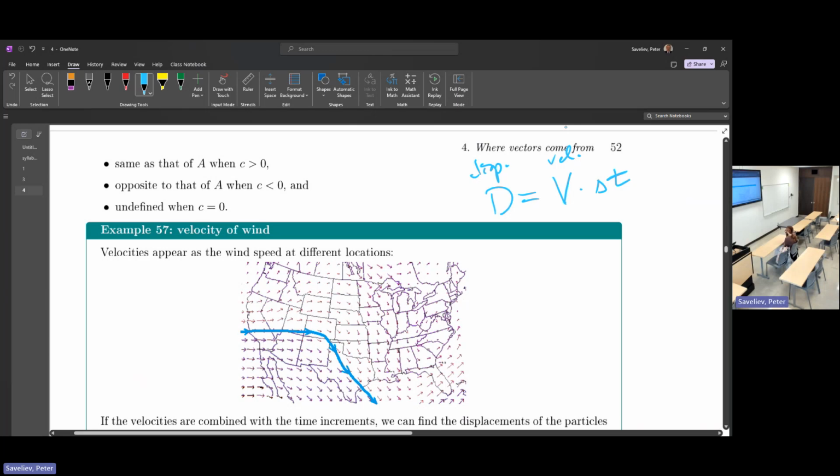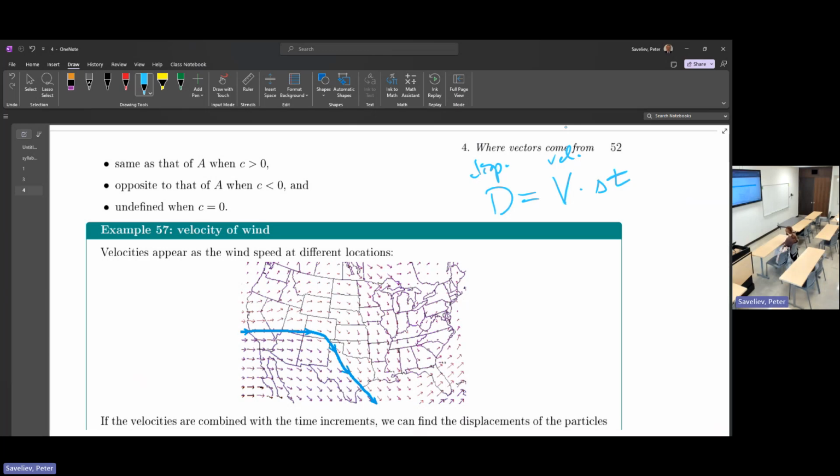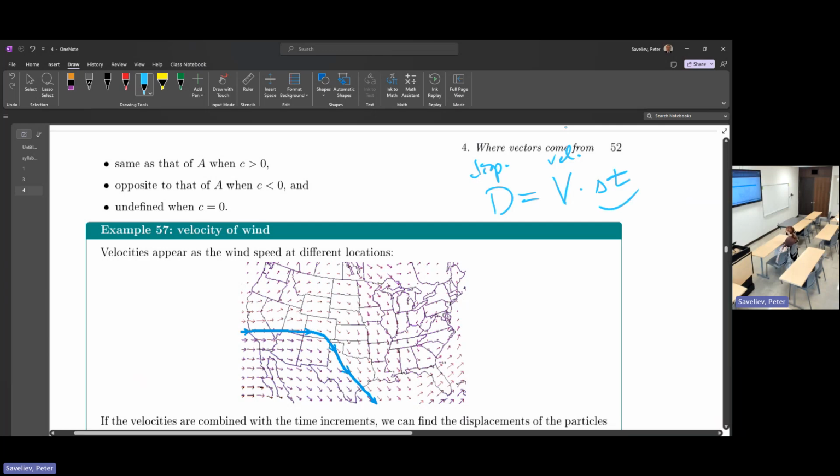What is the velocity if not the displacement divided by the interval of time? That's scalar multiplication, because time is a scalar, it's never a vector. The change of time is a number, and so when you divide by that little number over here, you are switching between displacement and velocity.